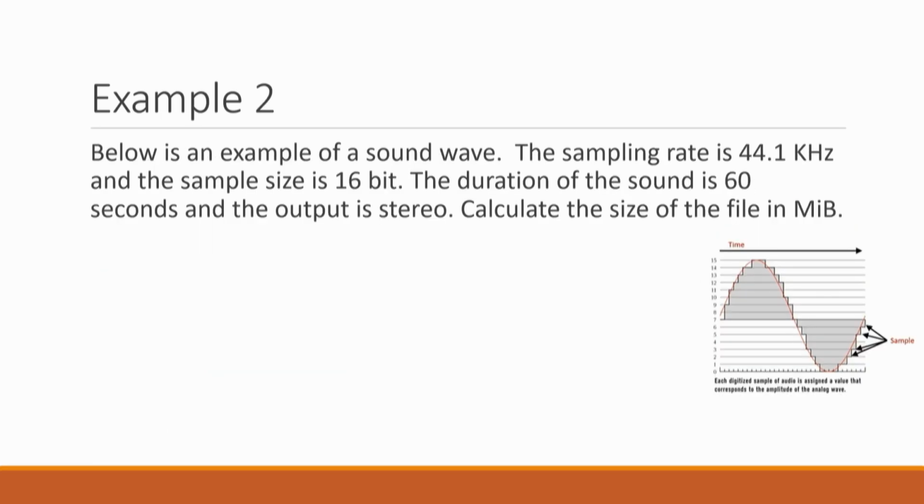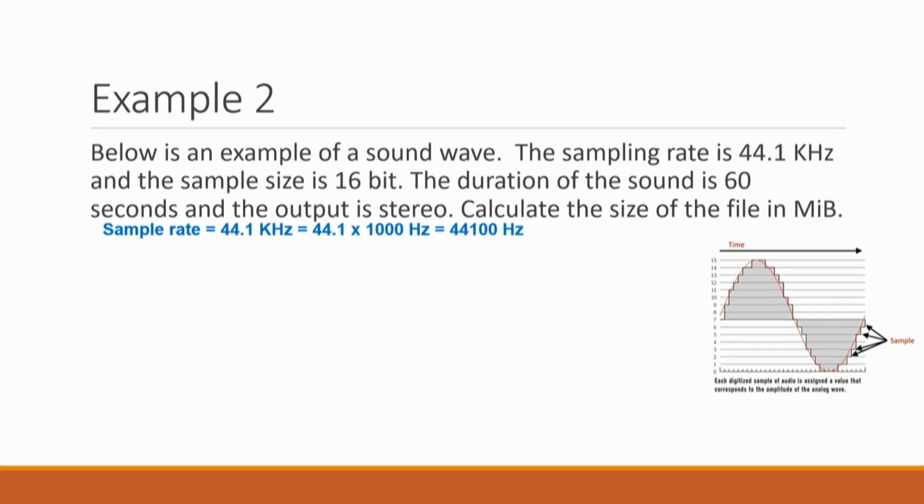Here, we are asked to calculate the size of the file given a sampling rate of 44.1 kHz, a sample size of 16-bit, and a length of 60 seconds. We have also been told that the output is stereo. Let's note down the important details.